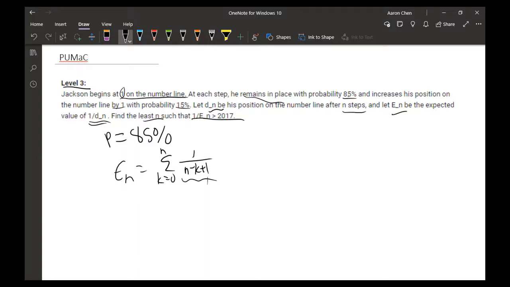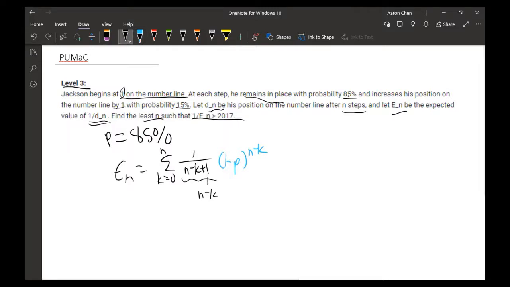To reach his current position, he needs n minus k steps forward, so this probability is 1 minus p to the power of n minus k.